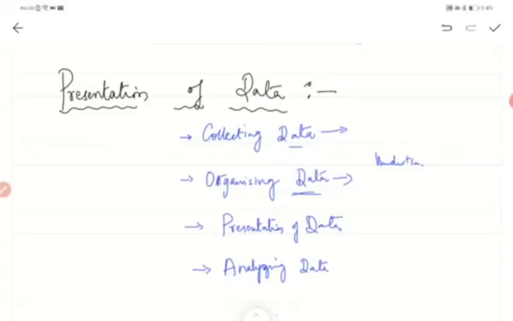All right, after organizing the data, we are going to present it in a proper manner in order to understand it. Okay, so when I go for organizing data, only I will know where to place it.